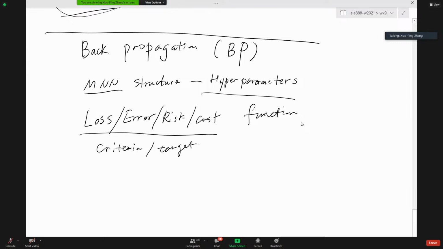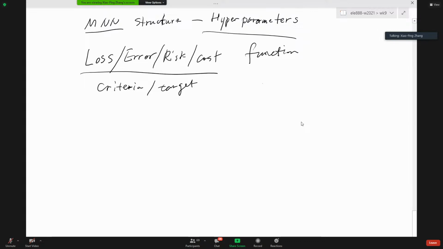You have to have a target when you train. Here we're doing supervised learning. Regardless of whether it's supervised or unsupervised, you always need a loss function to optimize. But particularly, the BP algorithm is supervised learning.